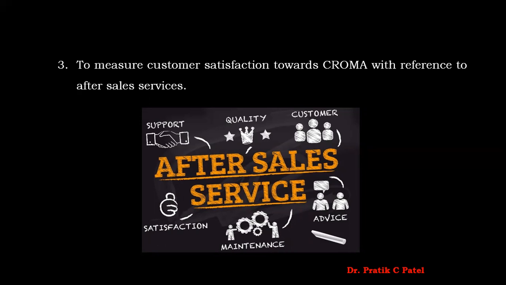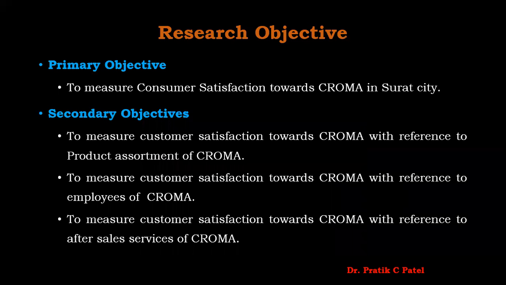So now from a broad research topic, we have moved towards writing specific research objectives. So this is how you can write your research objective at the end. Your primary objective is to measure consumer satisfaction towards Chroma in Surat city. How will you achieve it? By writing some secondary objectives which we just discussed, to measure consumer satisfaction towards Chroma with reference to product assortment of Chroma, employees of Chroma, and after sales service of Chroma.